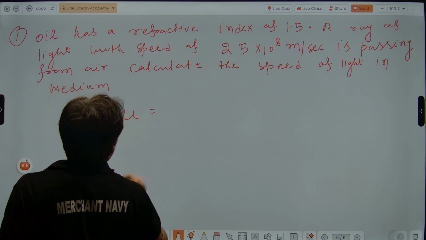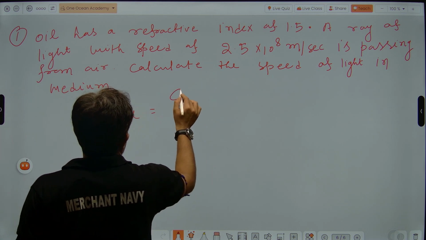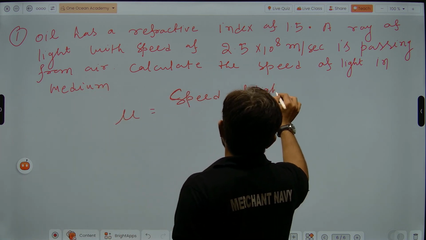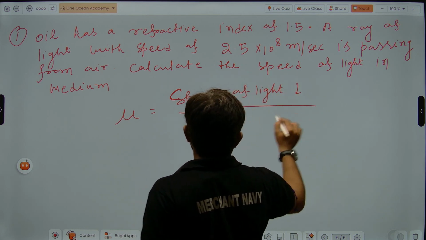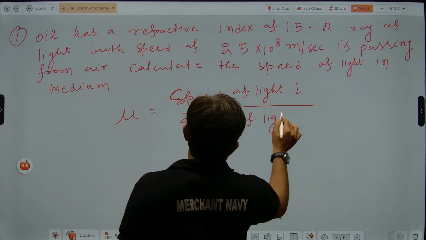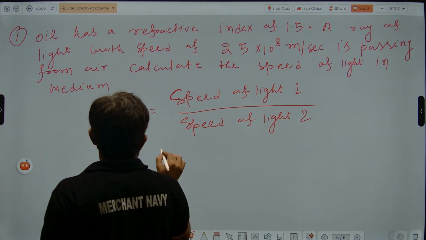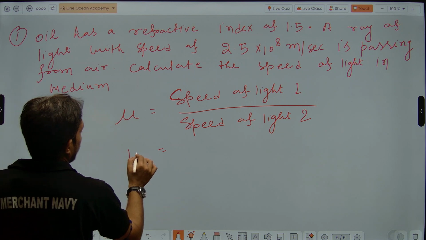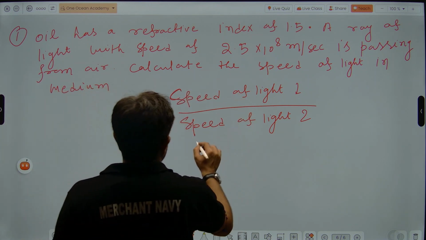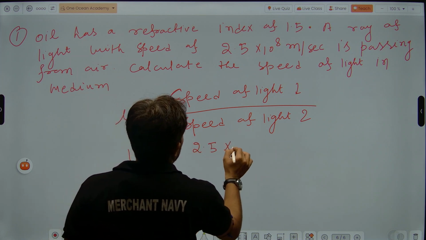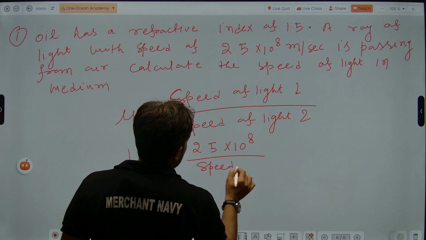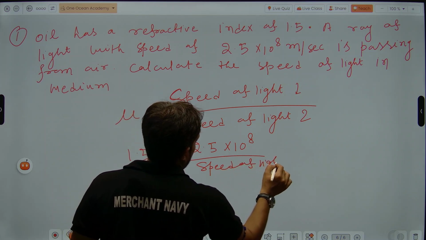Mu becomes what? Mu is the speed of light in medium first with respect to the speed of light in medium second. So, mu becomes 1.5, that will equal to 2.5 into 10 to the power 8 upon the speed of light in medium second.